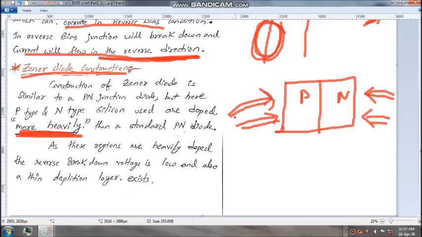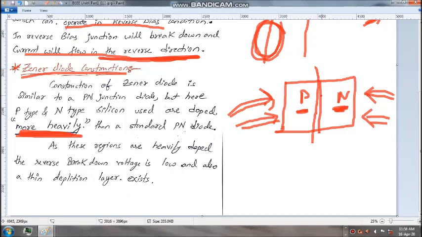On the P side we add more P-type impurities, and on the N side we add more N-type impurities. P-type impurities we discussed in the previous lectures. Next, what is the result of adding more impurities on the P side and N side?